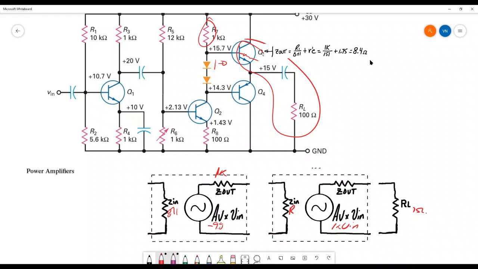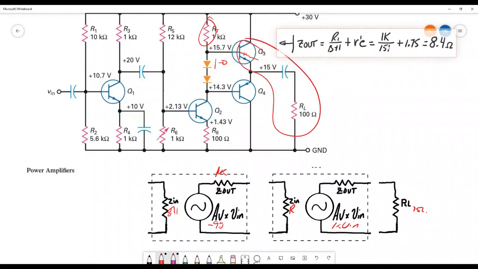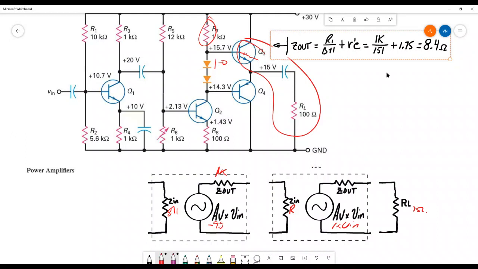So Zout looking back from the load would be RC over beta plus 1 plus R prime E, which is 1K over 151. That's 8.4 ohms. So I would put that down here. And this is 1K ohm.